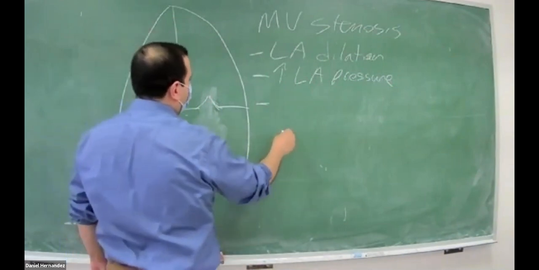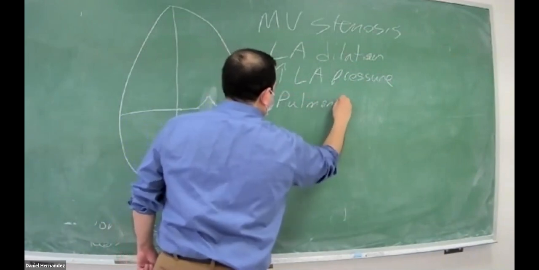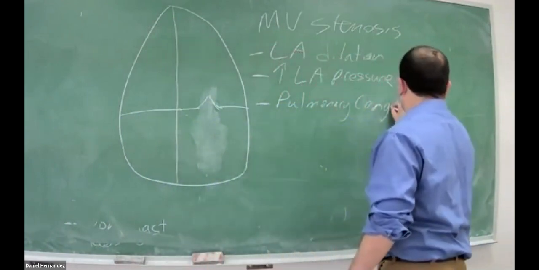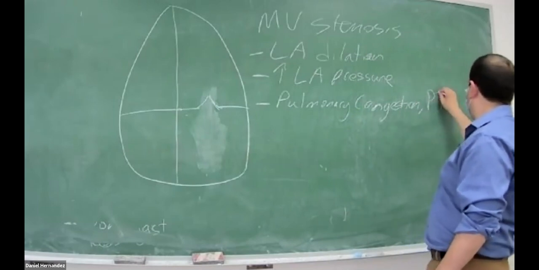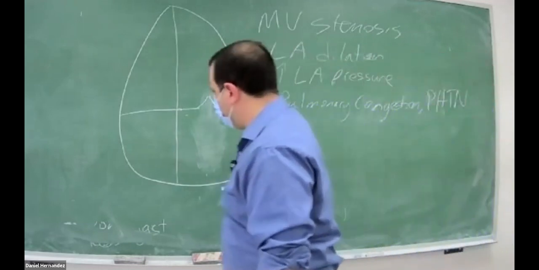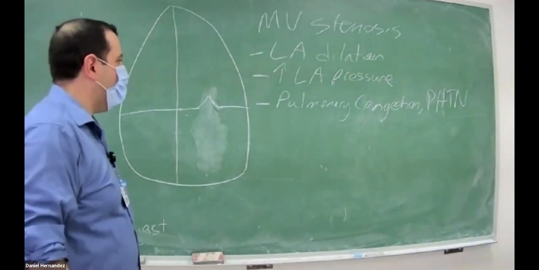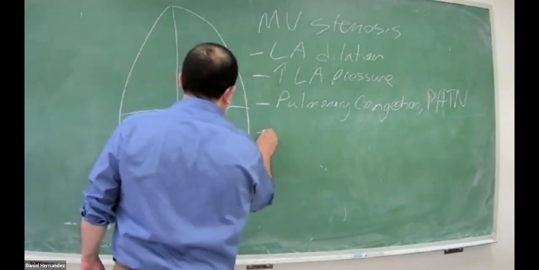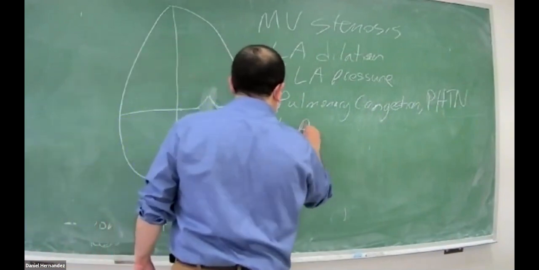It could eventually back up to the pulmonary vascular bed, so pulmonary congestion and pulmonary hypertension. Mitral stenosis can also lead to left atrial thrombus.